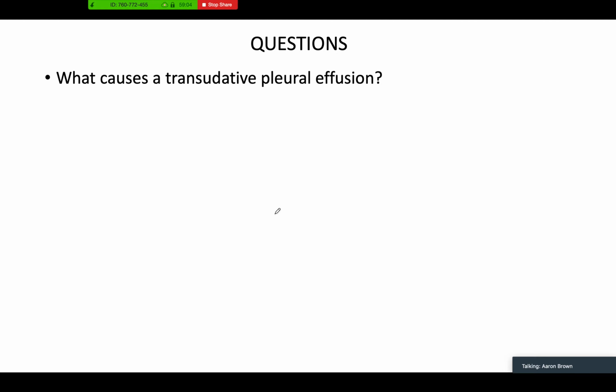Very well said. So which has more protein, transudate or exudate? That's okay. So exudate, we're going to associate exudate with bacterial infections. Okay, so exudate, we're going to think of bacterial infection, lots and lots of protein being pumped out. We're breaking down the bacteria.